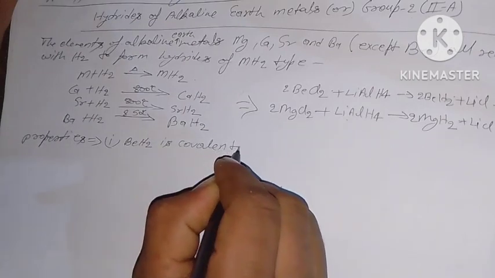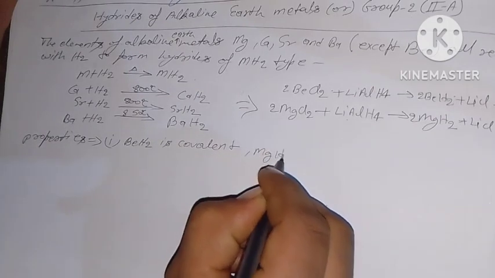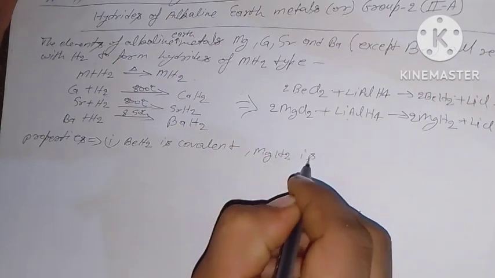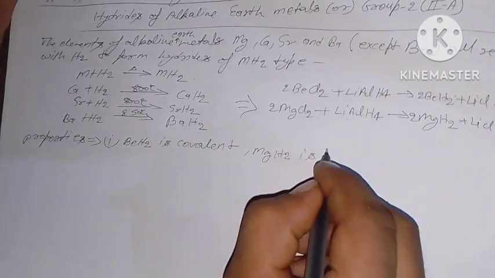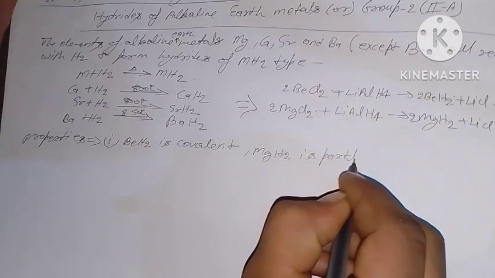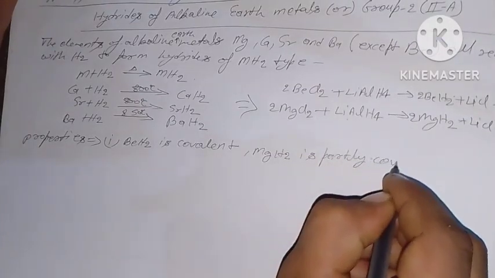Beryllium hydride is covalent. Magnesium hydride is partly covalent and partly ionic.